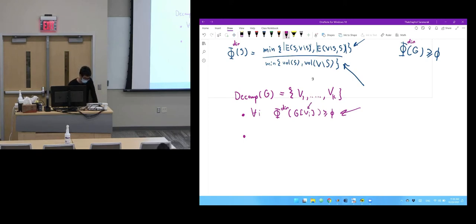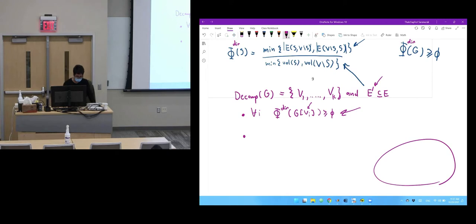But note that some of the V_i may be just one node, right? And then I will say that there is a subset of edges E prime in A. Think of E prime as the thing that we cut.